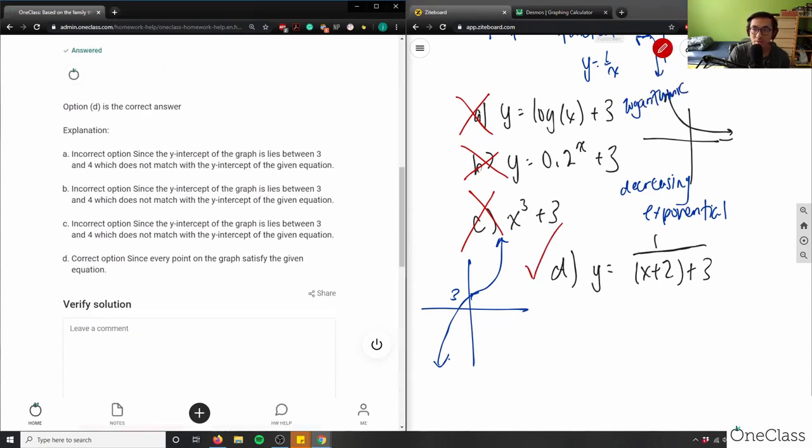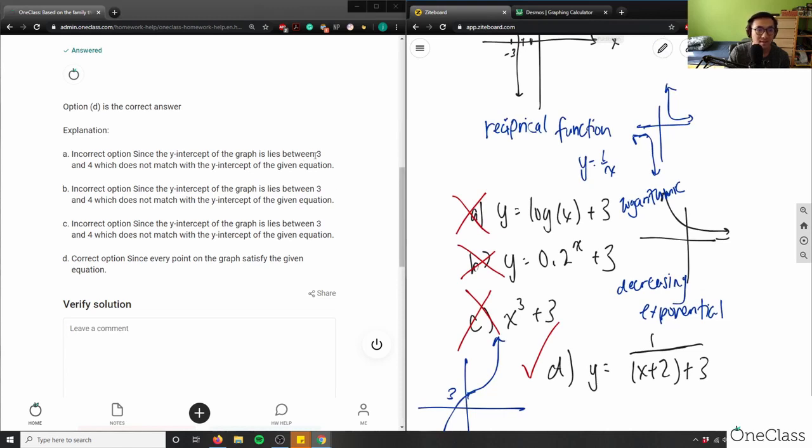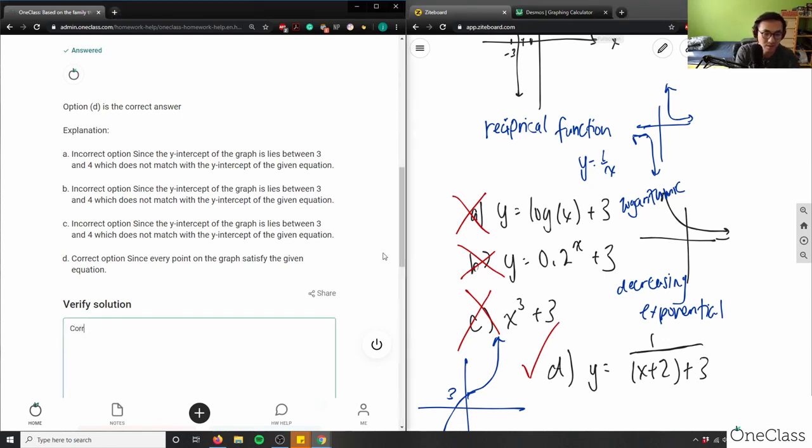The reasoning given is incorrect, since it says the y-intercept lies between 3 and 4. So they actually used y-intercepts and not families of graphs. In this case it's the correct answer, but they used the wrong concept to solve for the solution. In terms of concepts, we have to talk about the family of the function.